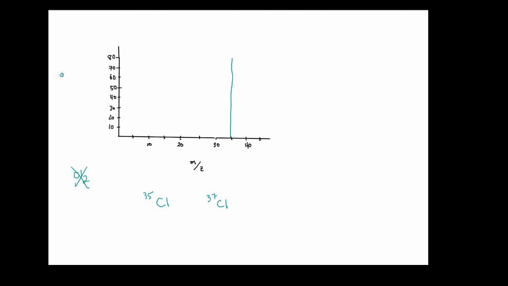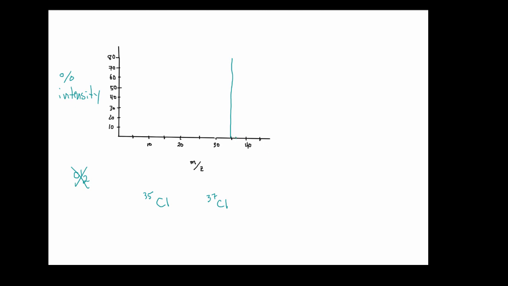This is called percent intensity. And this is basically a histogram. So the tallness of my peak refers to essentially the amount of that particular isotope that we have within the sample. And then the second peak here is going to be approximately in this region.